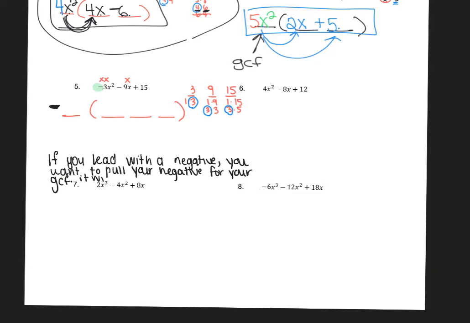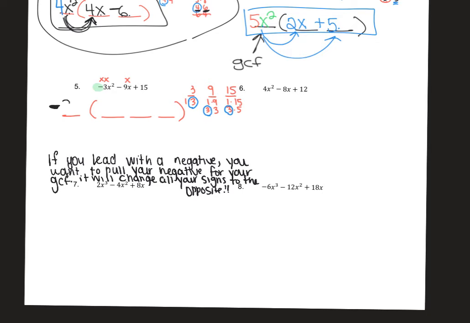It will change all your signs to the opposite. Okay, so what do I mean by that? So let's do the problem and we will talk about what that means.